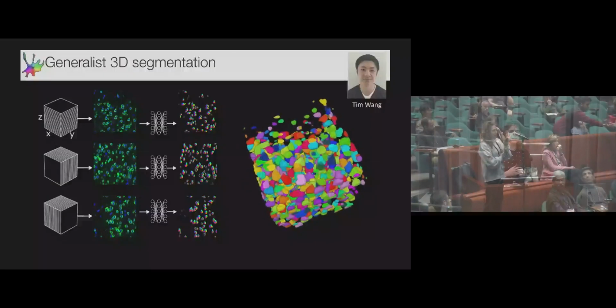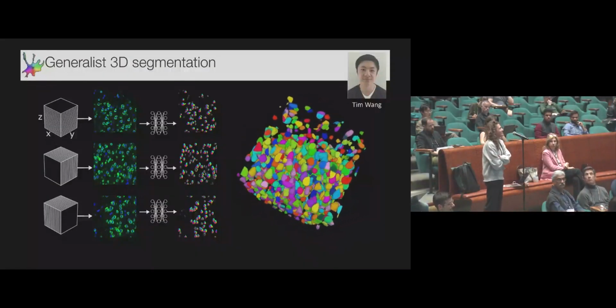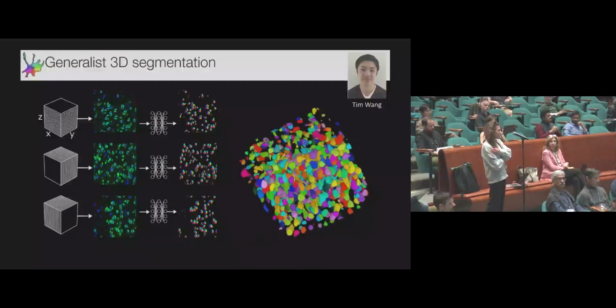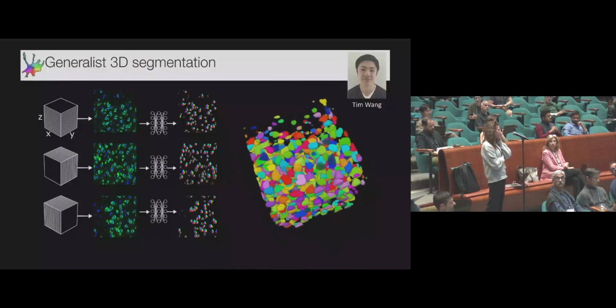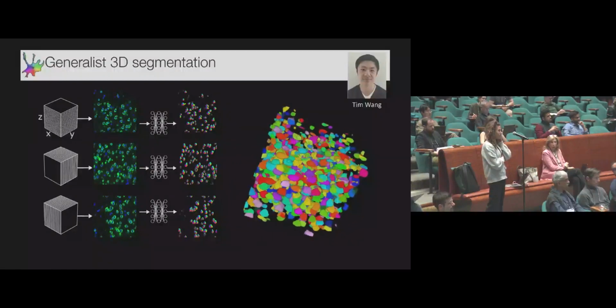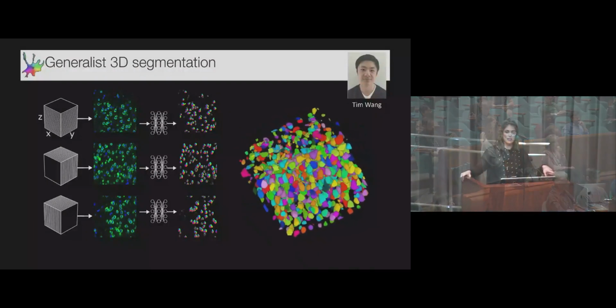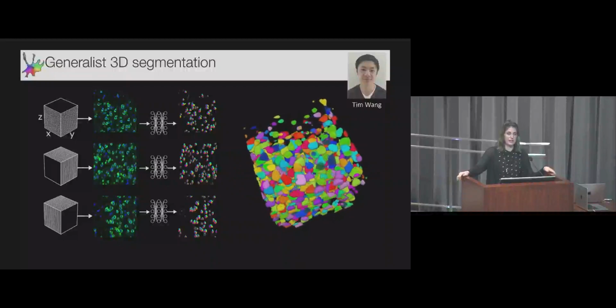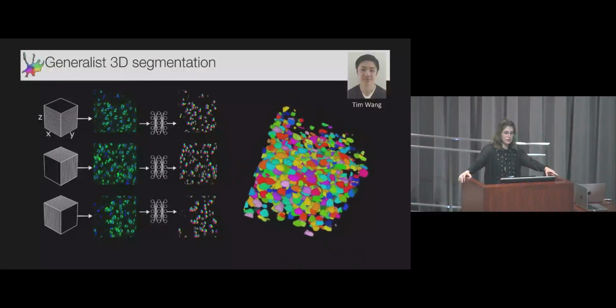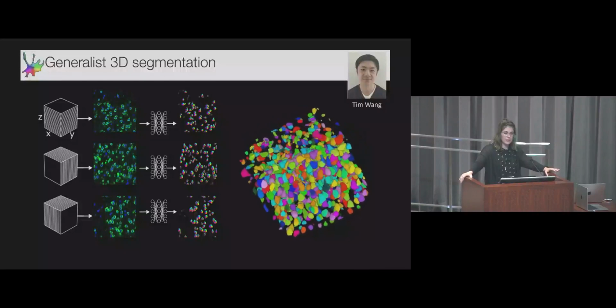Given that we're in the 4D talk, and also because SAM allows for tracking objects, are you thinking of extending Cellpose towards tracking also? It's definitely an interesting idea, but we haven't tried it yet. The SAM2 tracking data set, I think, is a bit smaller.